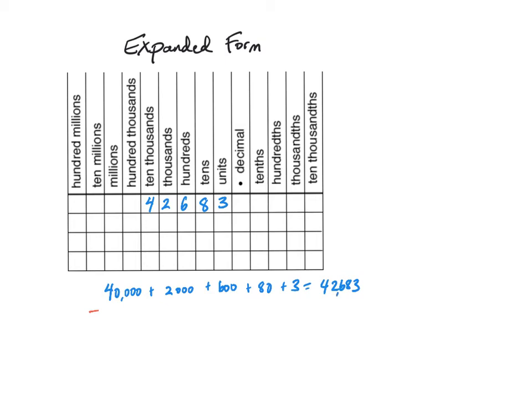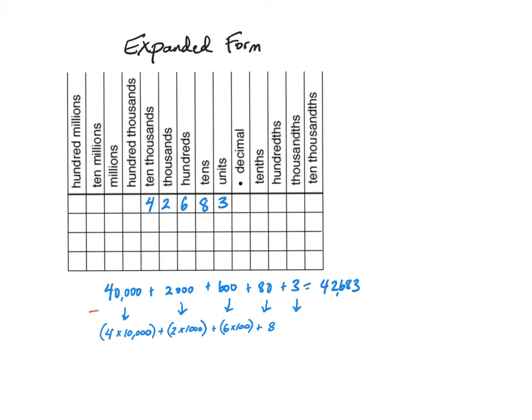And when I say using powers of 10, I can go back to these original numbers here. And I can say that this first one, 40,000, is the same thing as 4 10,000s. And I'm going to put that in parentheses so that it doesn't get combined with my next number. This 2,000 is really the same thing as 2 1,000s. The 600 is the same thing as 6 hundreds.